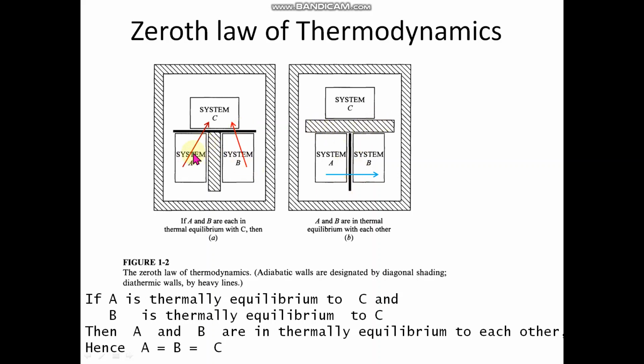Now here A is in thermal equilibrium with C and B is in thermal equilibrium with C. The conducting wall allows heat flow from B to C and A to C, or C to A, or C to B. And so system A and system B are in thermal equilibrium with each other. This is known as the zeroth law of thermodynamics. Adiabatic walls are designated by diagonal shading, diathermic walls by heavy lines.